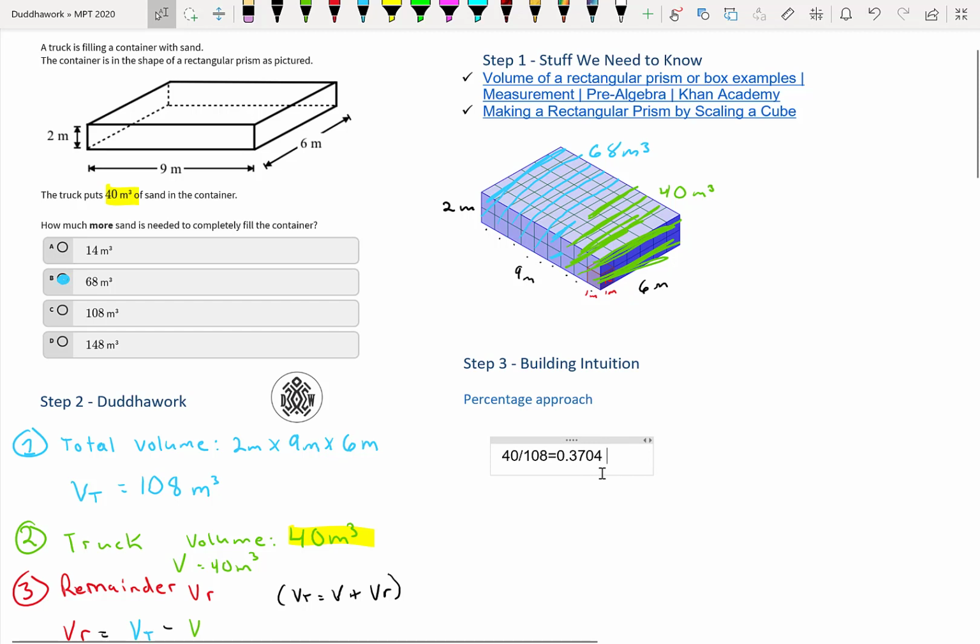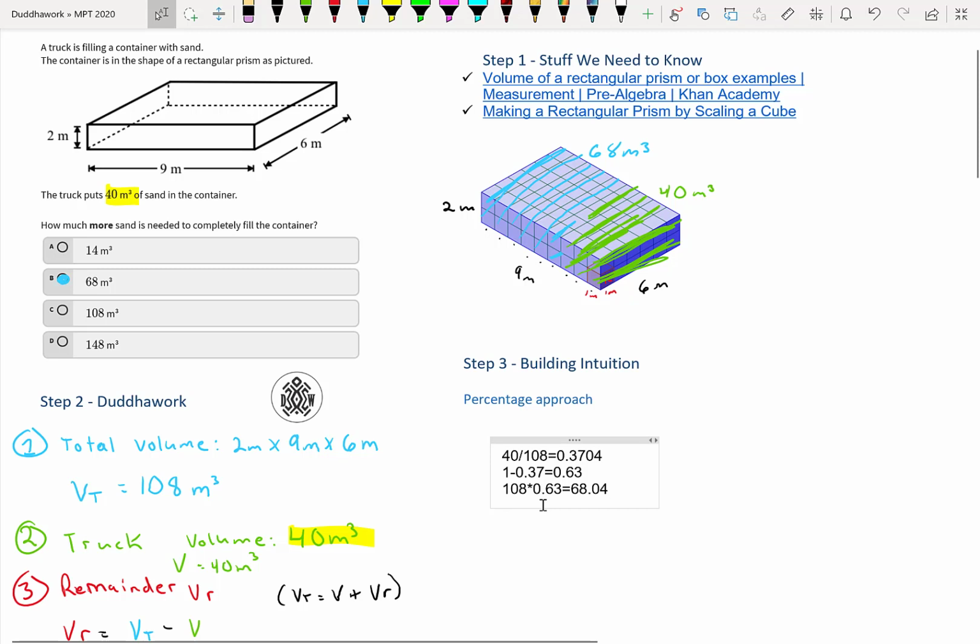So how many percent are we missing? Well, it's 1 minus 0.37, so that should be 0.63. And you do the total volume times 63%, so that would be 108 times 63%, and that would give us 68 meters cubed.